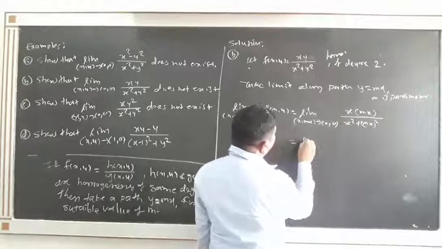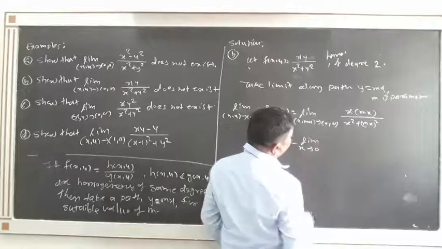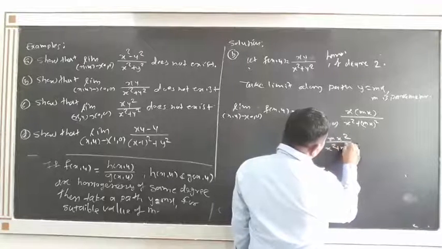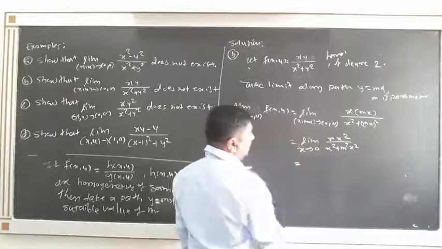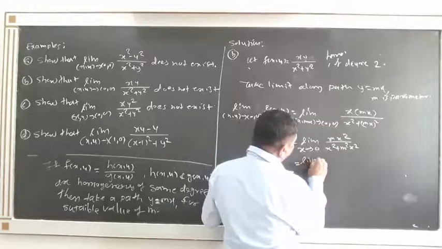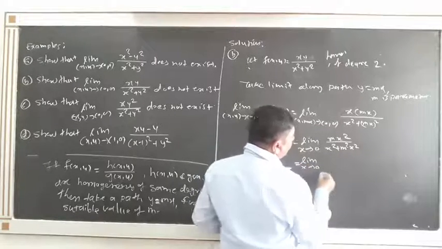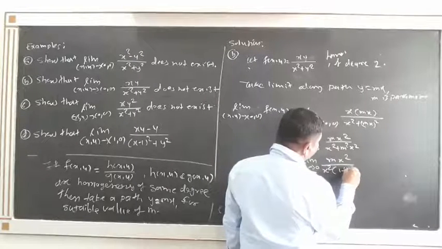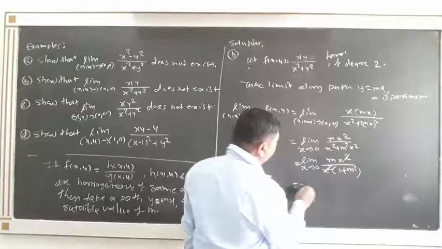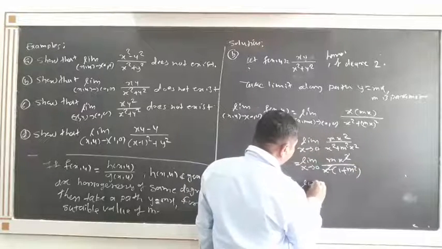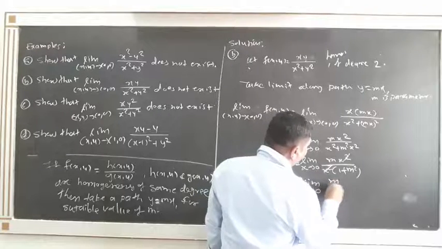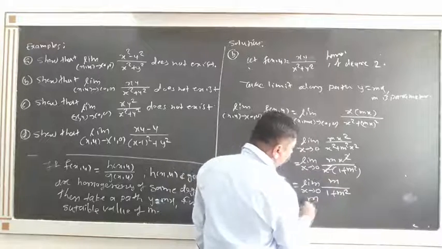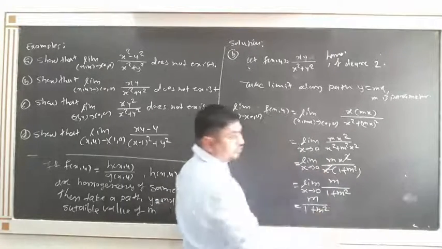So this should be limit x tends to 0, mx square upon x square plus mx square, and it is equal to what? Limit x tends to 0. Take x square common out, 1 plus m square. This will get cancelled and we are getting the limit x tends to 0, m upon 1 plus m square. Here x is not there, so value is m upon 1 plus m square.